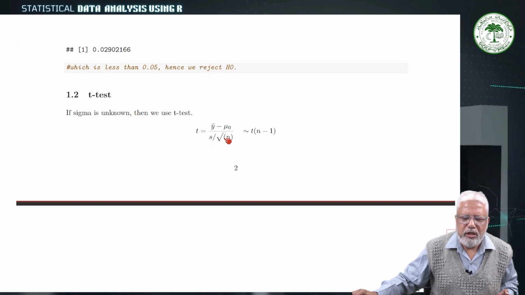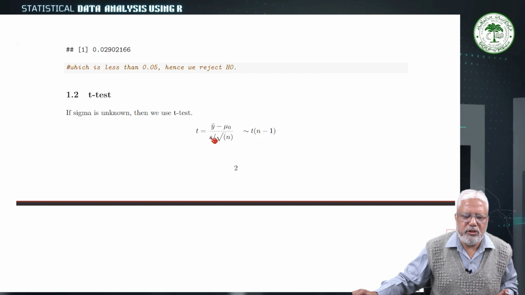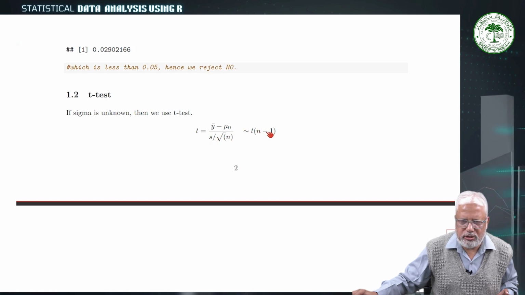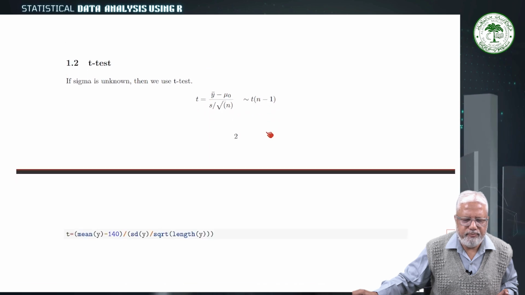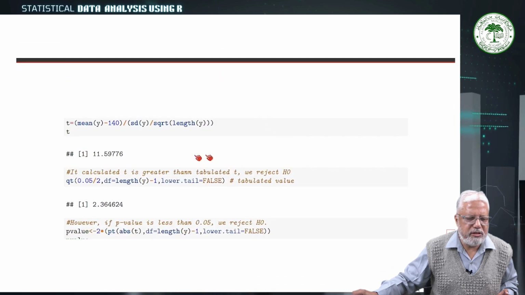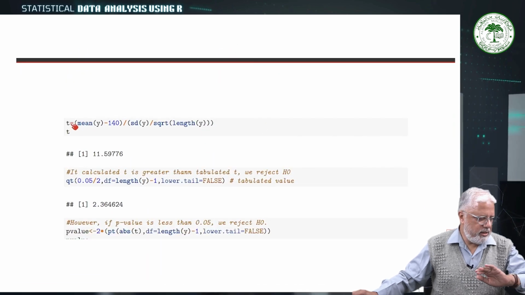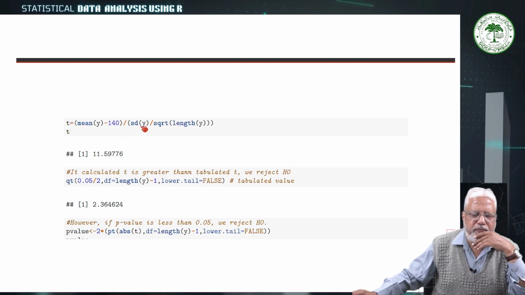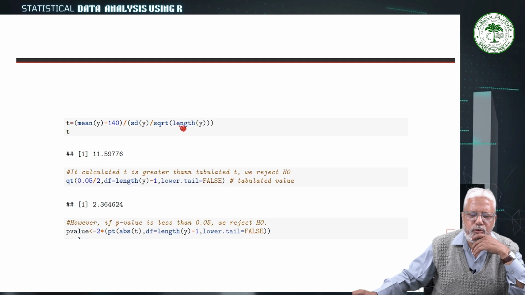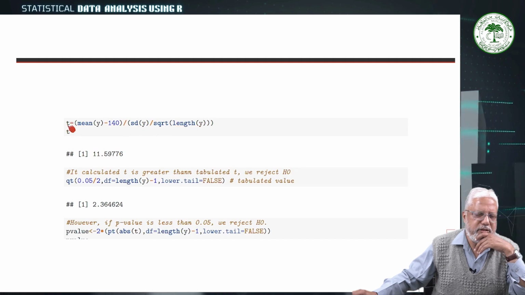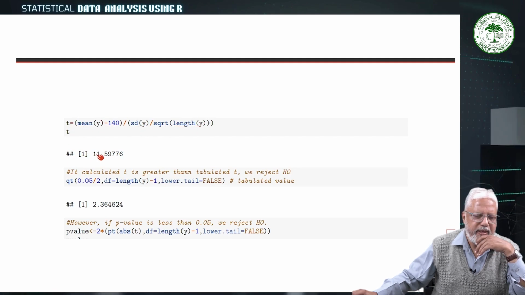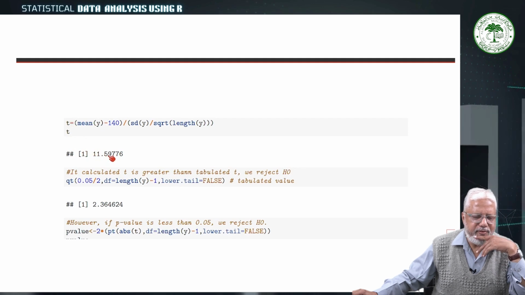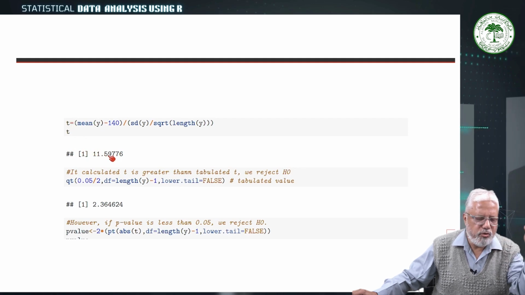If we make this substitution of the estimated value of sigma, then the statistic follows the student's t distribution with n minus 1 degrees of freedom. So the t statistic we have computed is t equal to mean of y minus 140 divided by SD of y divided by square root of length of y. Its value is 11.59, which is much higher than 2.